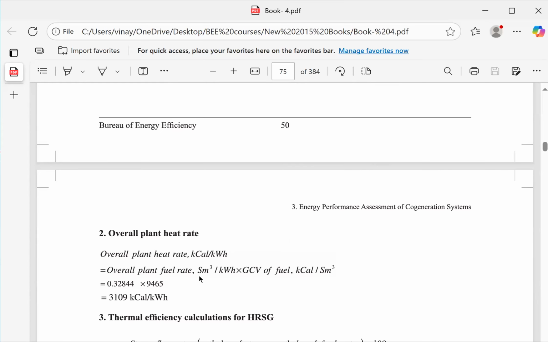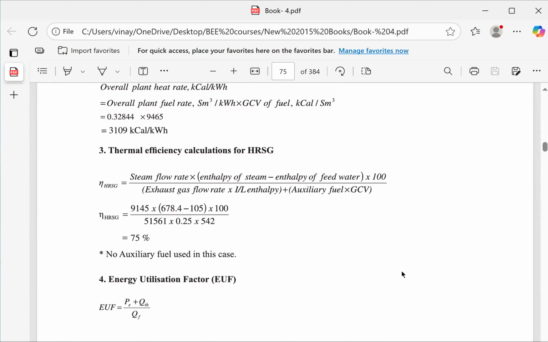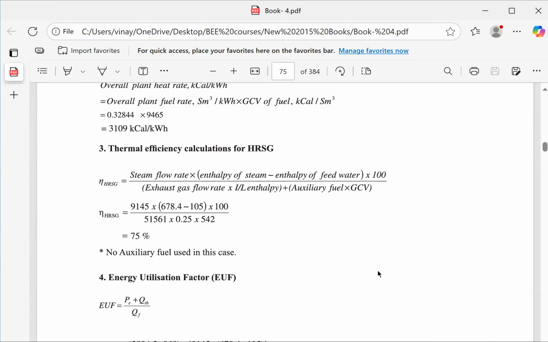Now let us see heat rate. Overall plant heat rate in kilocalories per kWh is equal to the fuel rate multiplied by the calorific value. That will give you so much kilocalories per kWh, depending on what type of fuel you are using.